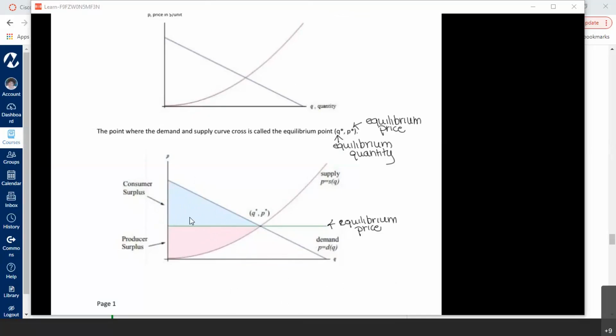In this case, with the blue area, we're going to be taking the area between our equilibrium price and the demand curve. And here we're going to be taking the area between the supply curve and the equilibrium price. So that's essentially all we're going to do.